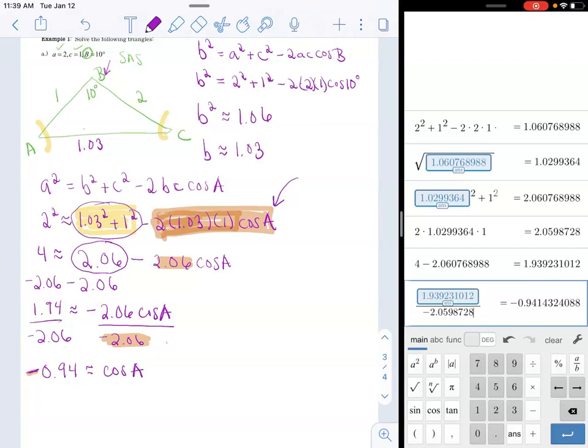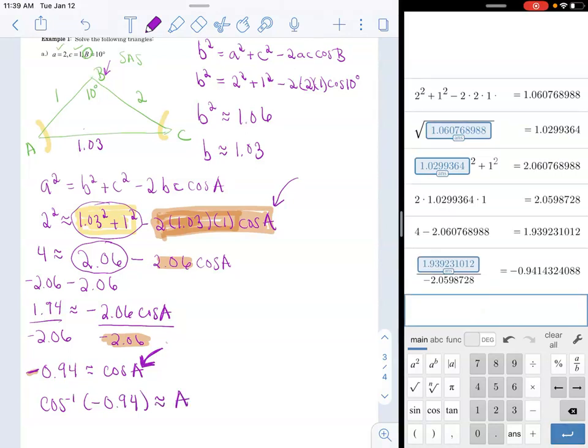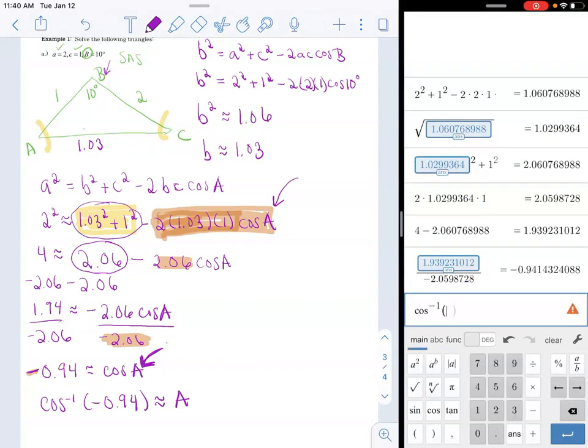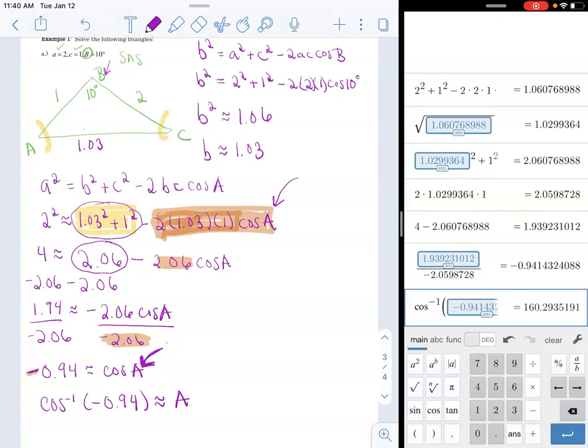Now remember, we talked about when you're looking for an angle, to isolate this piece we have to take the inverse. That's a topic we'll go into further in the terms. So if I take the inverse of this value, I will be left with my angle A. I'm going to go to function, inverse of cosine, and put in the entire answer.